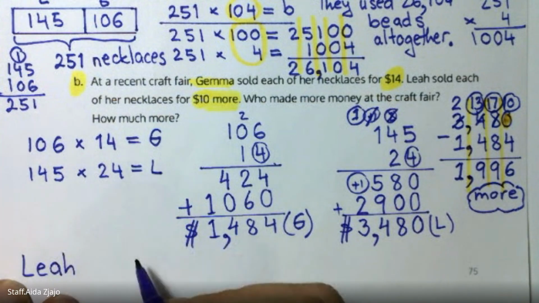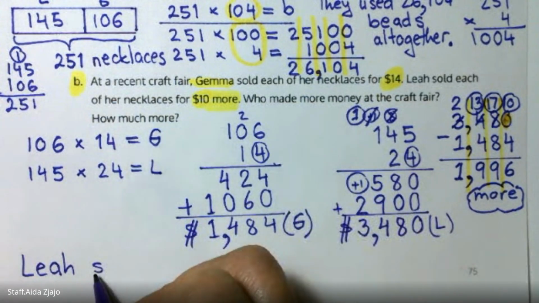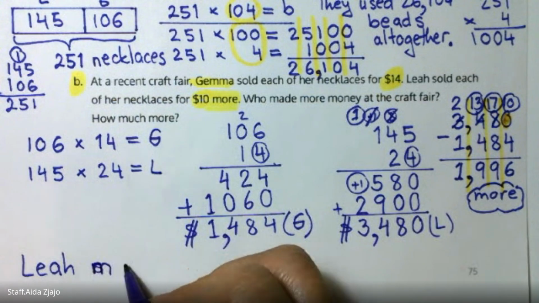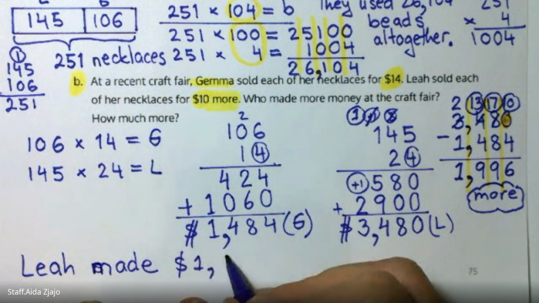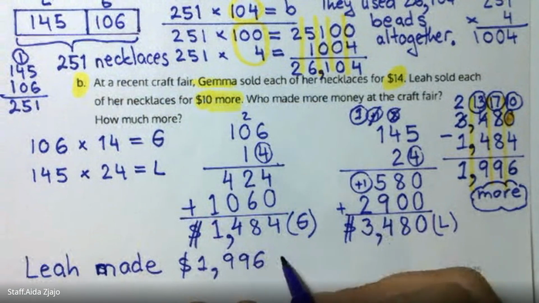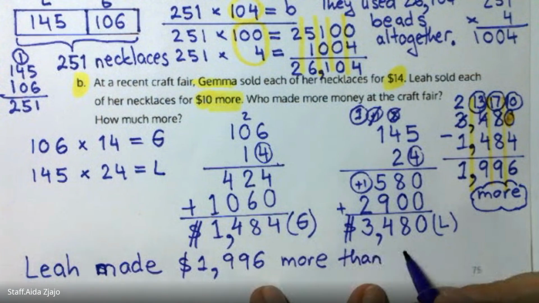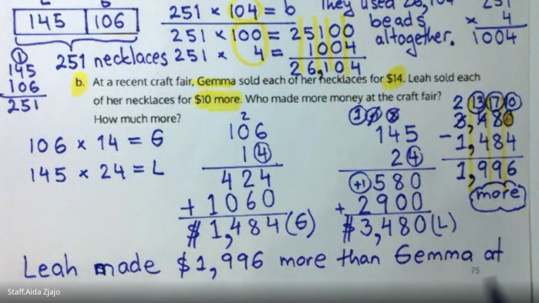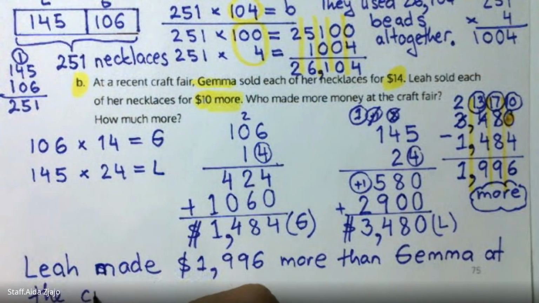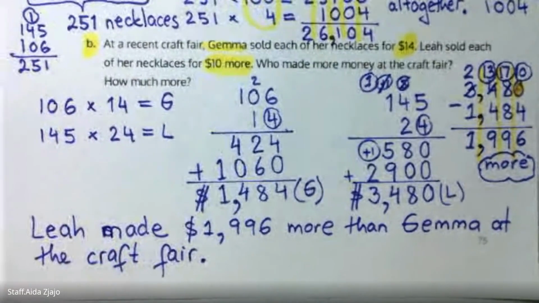Leah made $1,996 more than Gamma at the craft fair. Okay, so B is done.